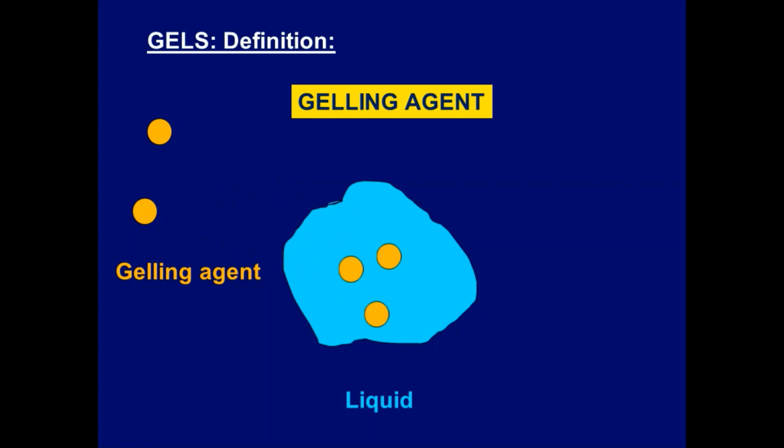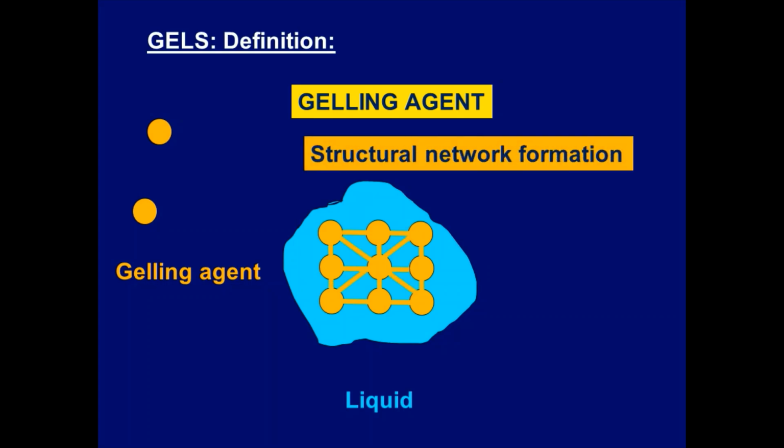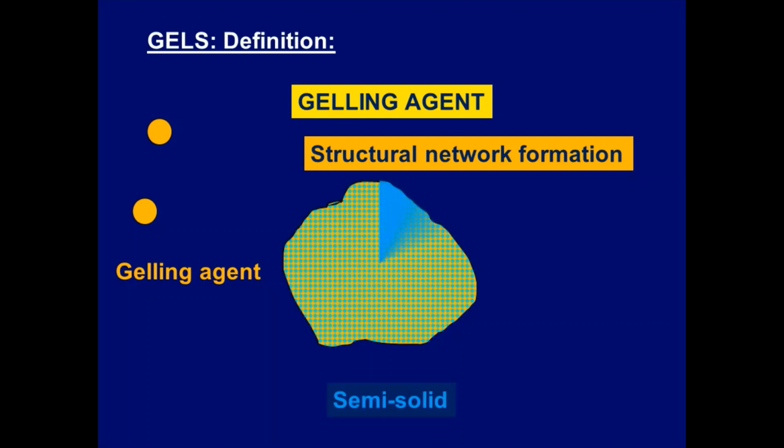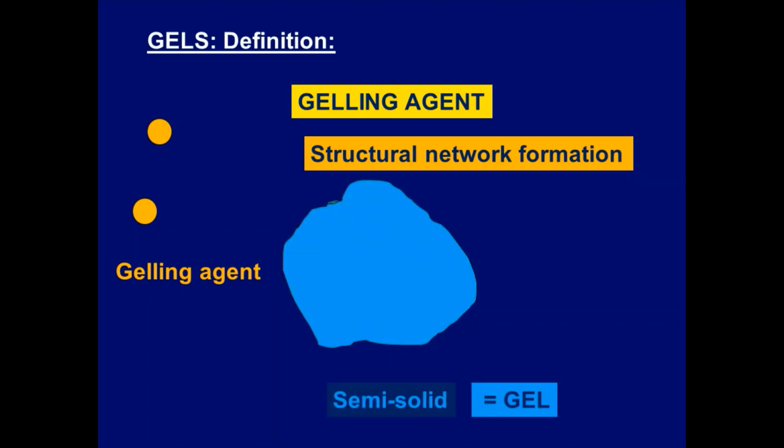The gelling agent will arrange itself in the liquid, and intermolecular bonds will be formed, so the gelling agent forms a structural network, and this network increases the viscosity of the liquid and converts it to a semi-solid, which is called gel. So the gelling agent, a polymer, when dissolved in the liquid, gives a structural network and an increase in the viscosity of the liquid to form the gel.